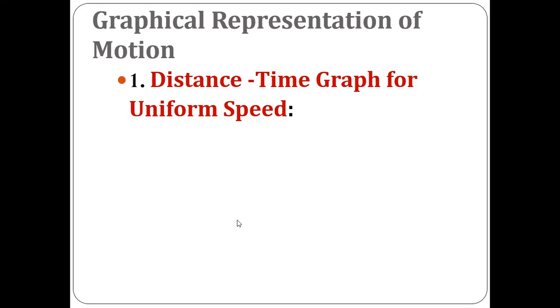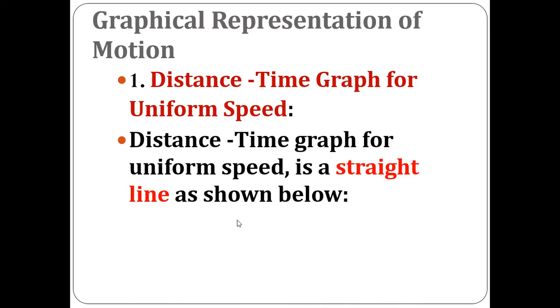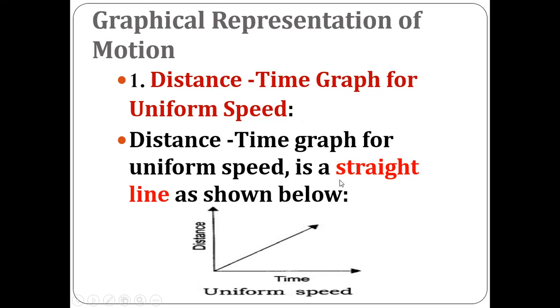First we can see the distance time graph for uniform speed. When there is uniform speed of motion, the distance time graph is a straight line.